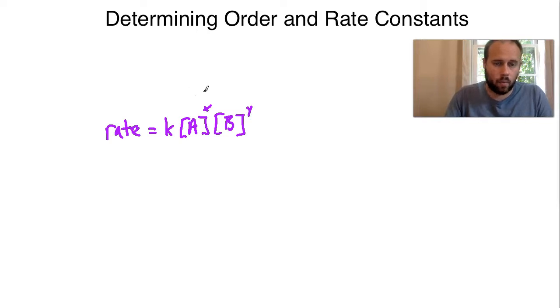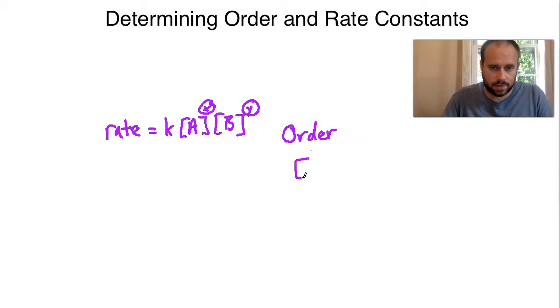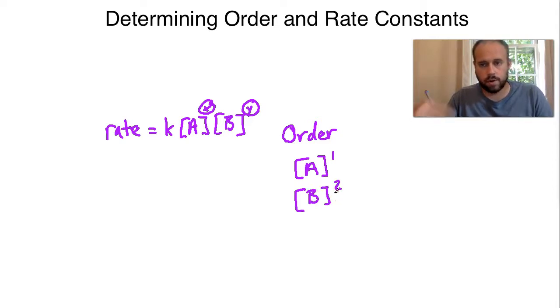But X and Y here are going to be referring to what's known as the order of these reactants relative to the reaction. So if something is raised to the 1, that would be considered first order with respect to the reaction. Okay? If something is 2, then it is second order relative to the reaction. 3 would be third order.